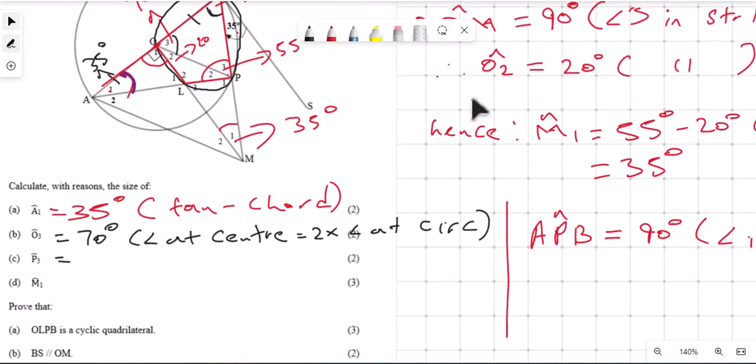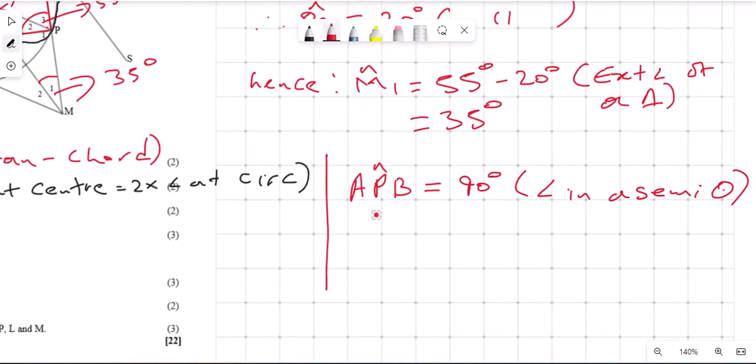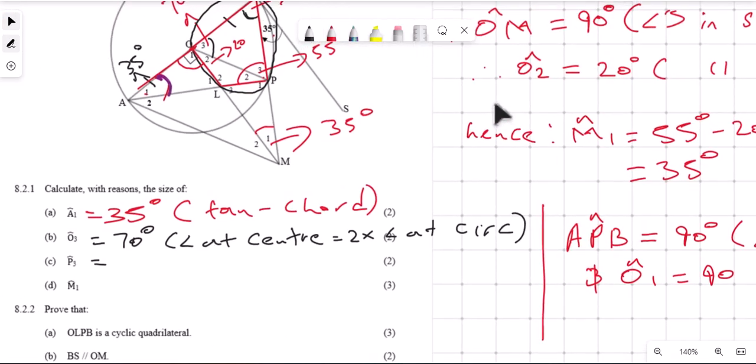So we are happy there. And O1 is equal to 90 degrees, which is given, it's indicated. Is that correct? Yes. So we have used theorem 5 here. APB and O1 are equal.